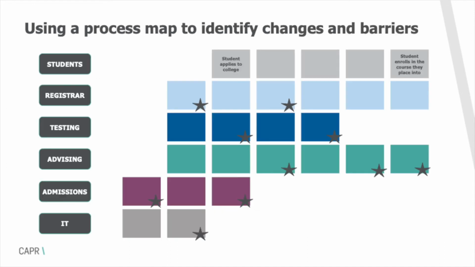Consider which steps on your process map should stay the same under multiple measures and which must be changed. Note that changing a step might mean adding an entirely new step, editing an existing step, or reordering multiple steps. To decide if a step needs to be changed, think about how to achieve your intermediate objectives and whether the step is creating a barrier for students.